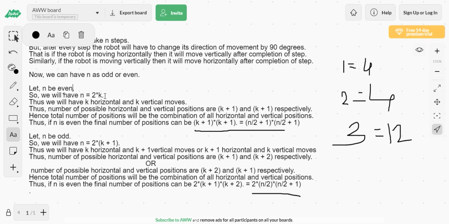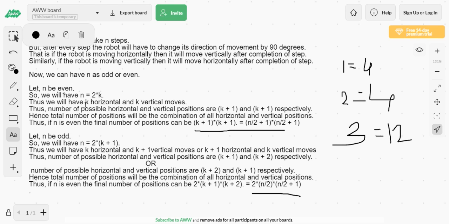So it will be of the form 2k. Since after every move it has to turn, if it is moving horizontally it has to turn to vertical, and if it's moving vertically it has to turn to horizontal. From this it is obvious that the number of horizontal and vertical moves will each be equal to k.